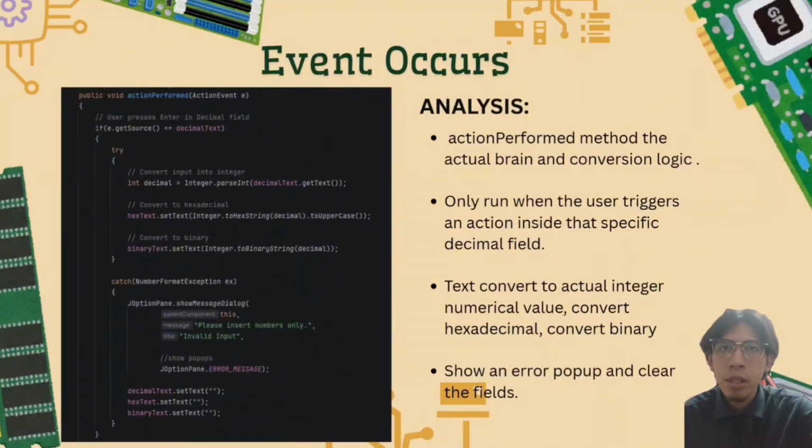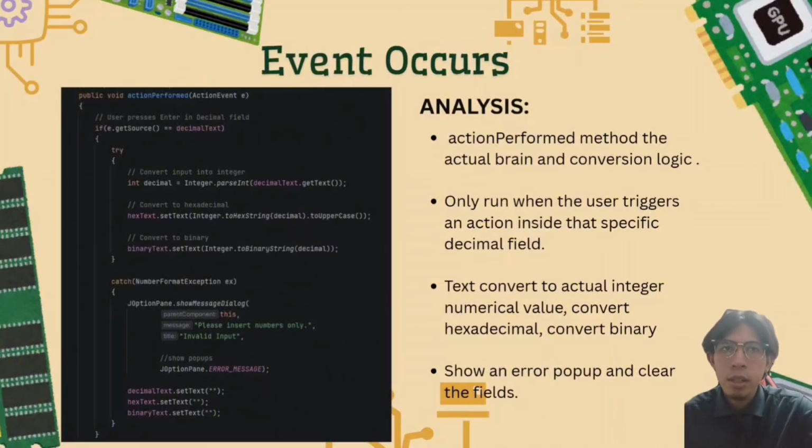If the user presses enter in the decimal field, the code attempts to perform three steps. Step 1 is the code Integer.parseInt(decimalText.getText()), which takes the text from the user, which is a string, and converts it into an actual integer numerical value named decimal. Then step 2 is convert to hexadecimal.